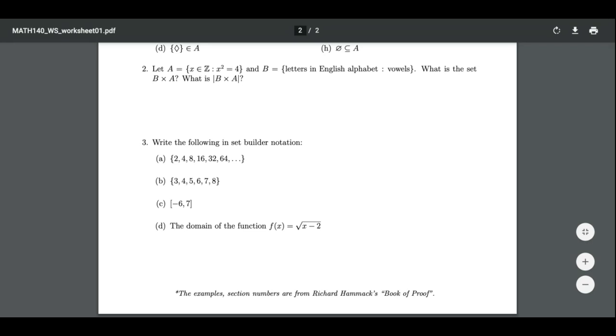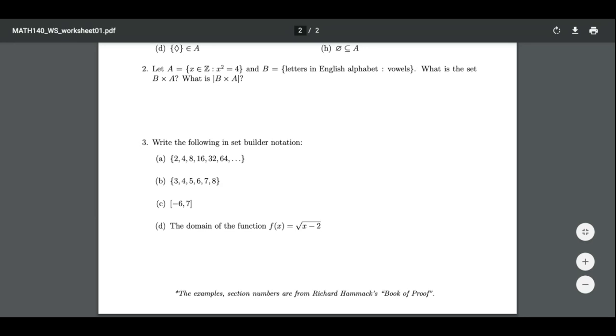So the size of B cross A is 10, right? The size, so we write it like this: the size of B cross A equals the size of A times the size of B. Okay, you see here I use X. Well, the second X I should use the multiplication dot, right?